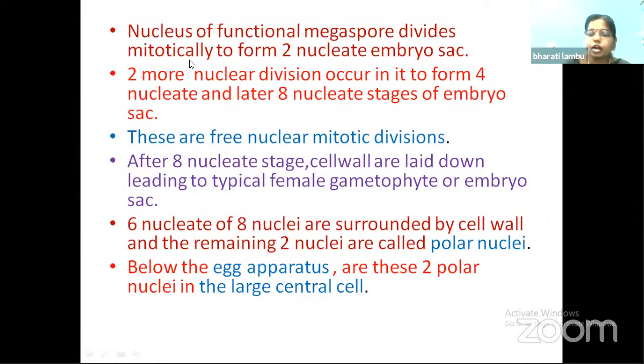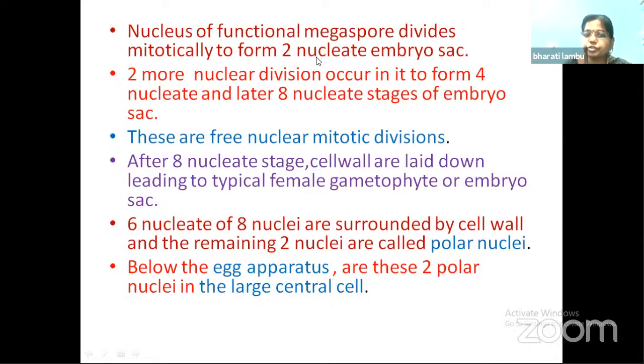So we'll see how the embryo sac is formed from the megaspore. The nucleus of the functional megaspore will divide mitotically, by mitosis, to form a two nucleate embryo sac. Now there is no cell wall deposition around this nucleus.